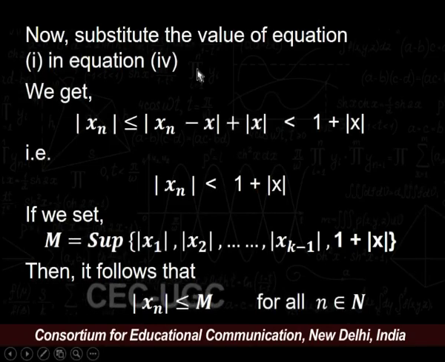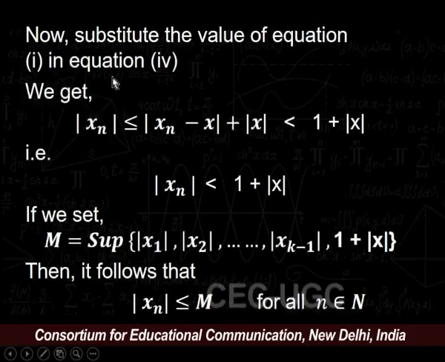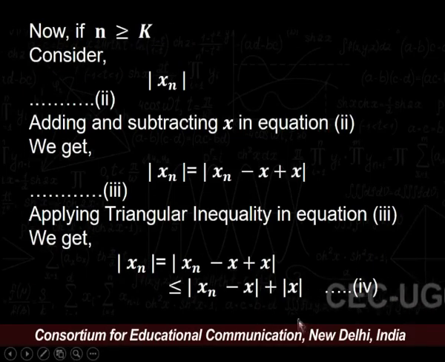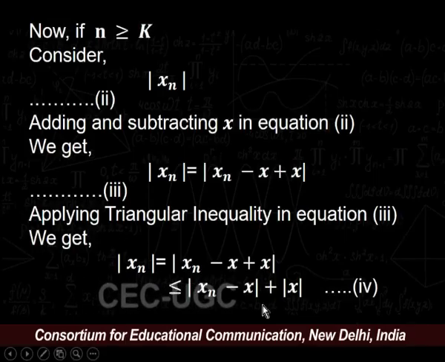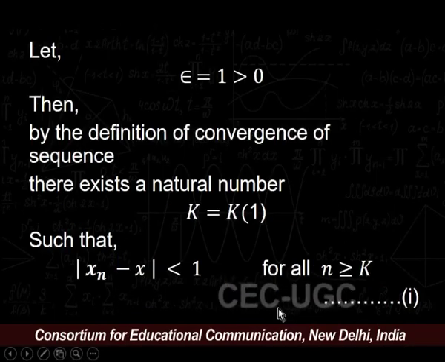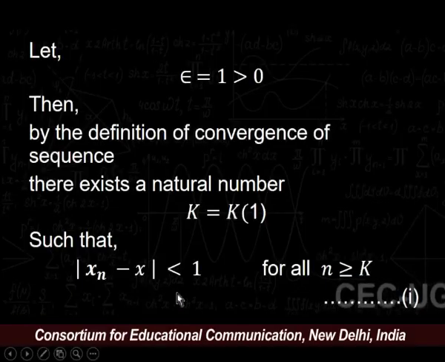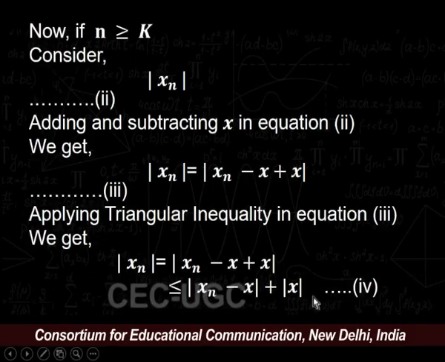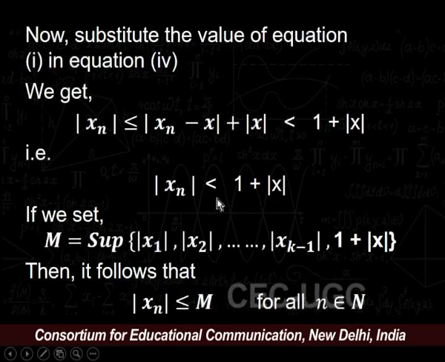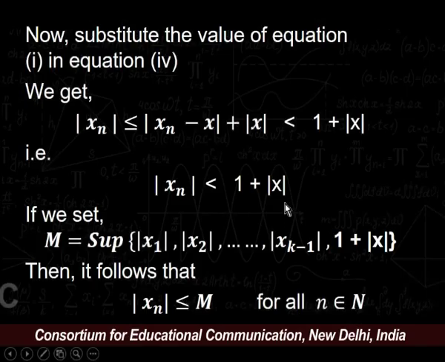Now, substitute equation number 1 in equation number 4. Equation number 4 is |x_n| <= |x_n - x| + |x|, and our equation number 1 is |x_n - x| < 1. If we substitute this in equation number 4, we get |x_n| < 1 + |x|.